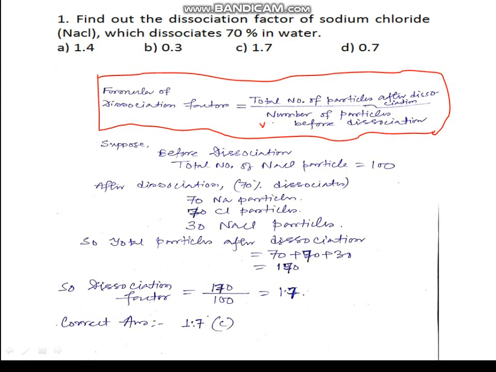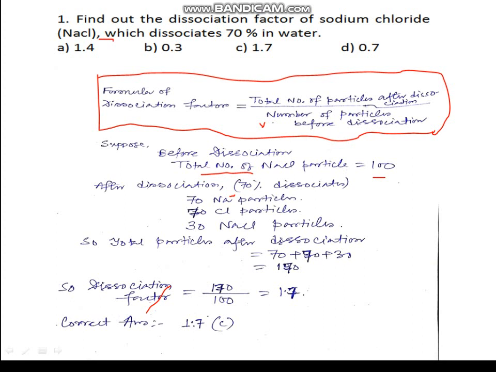So here according to the question, 70% of sodium chloride dissociates. Suppose before dissociation the total number of particles of sodium chloride is 100. After dissociation, 70% dissociate. If sodium chloride dissociates it will provide Na plus and Cl minus.